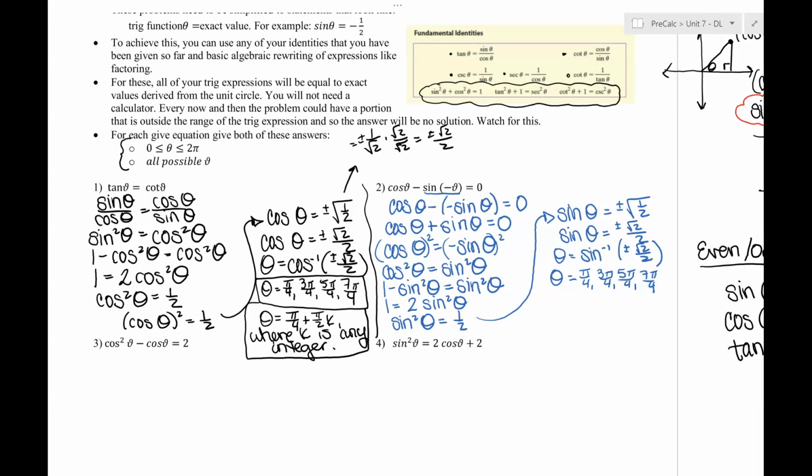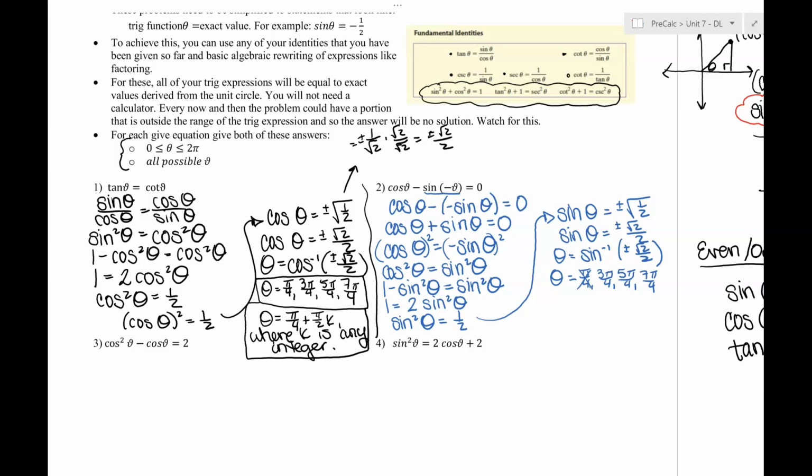Do they all work? If I were to plug in pi over 4, the cosine of pi over 4 is rad 2 over 2. The sine of negative pi over 4 is a negative rad 2 over 2, which doesn't give us 0. This one doesn't work. What about 3 pi over 4?